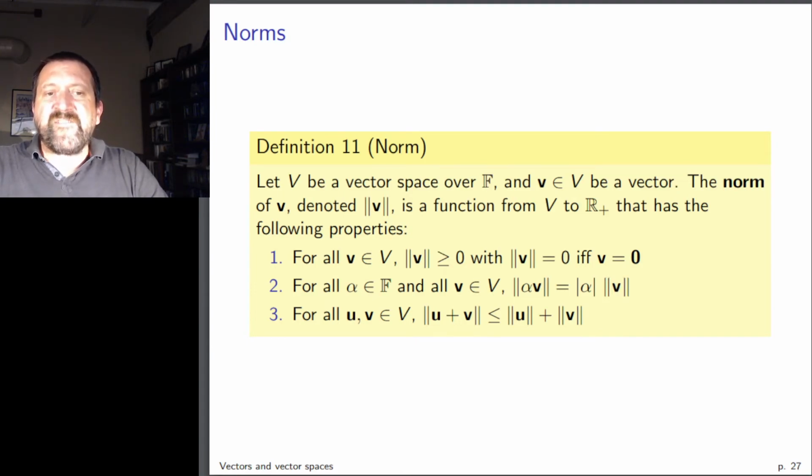And lastly, this is something we already saw with complex numbers, if you remember. If I take any two vectors in V and I compute the norm of their sum, that norm is less than or equal to the sum of the norms. This is what is called the triangle inequality.